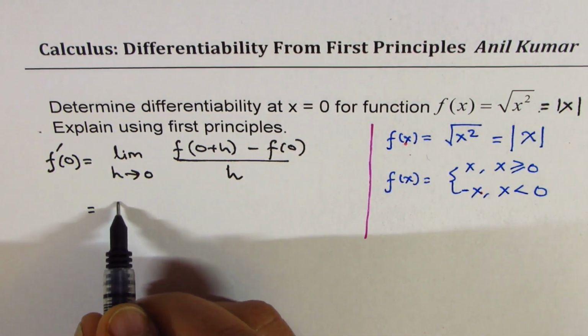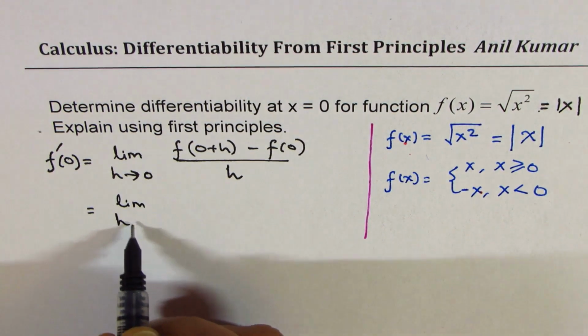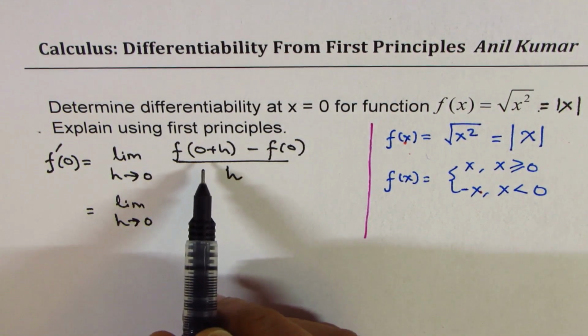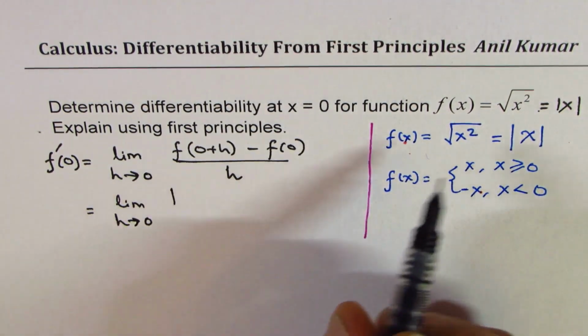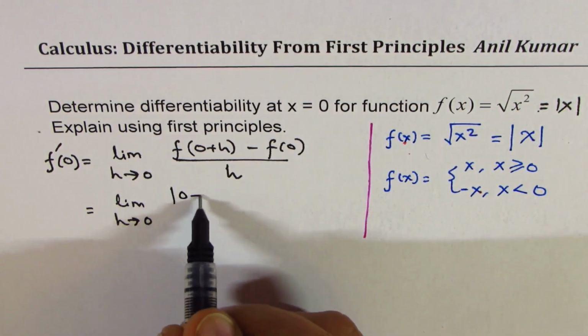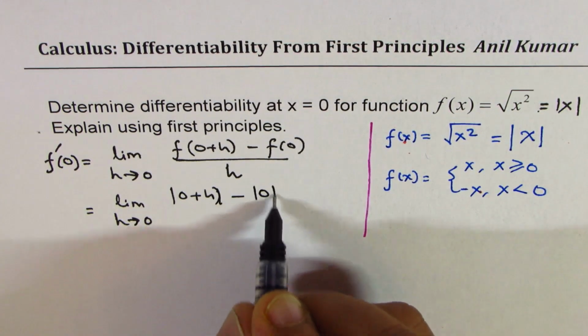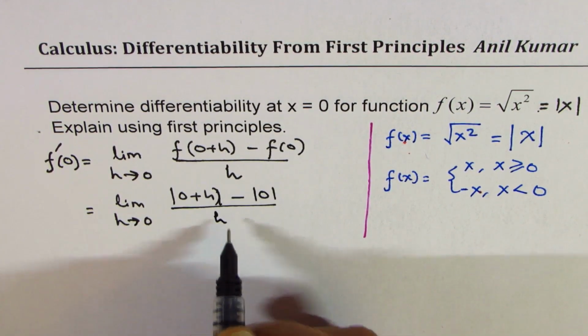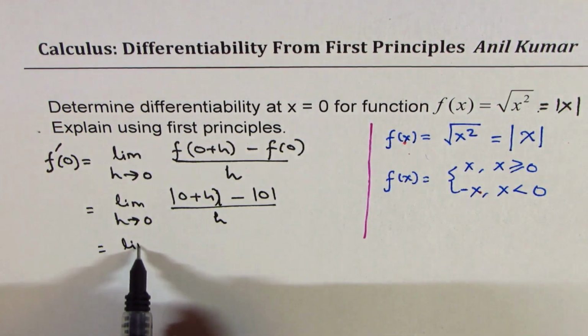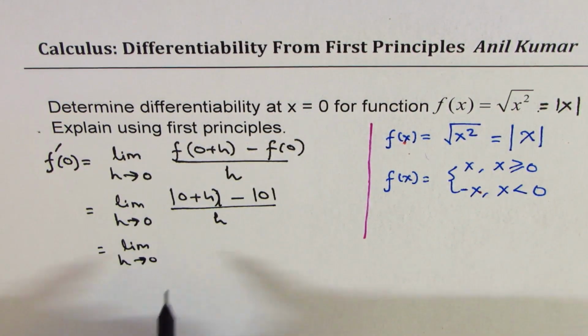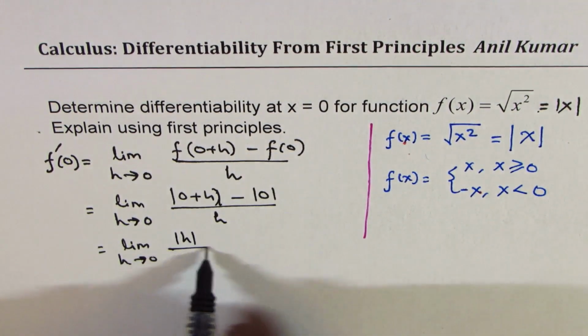Perfect. So that will give you limit h approaches 0 of absolute value of 0 plus h minus absolute value of 0 divided by h, which is limit h approaches 0 of absolute value of h over h.